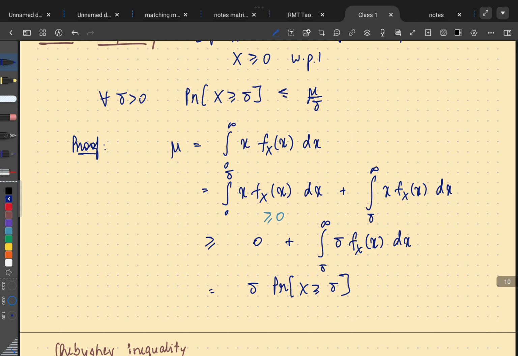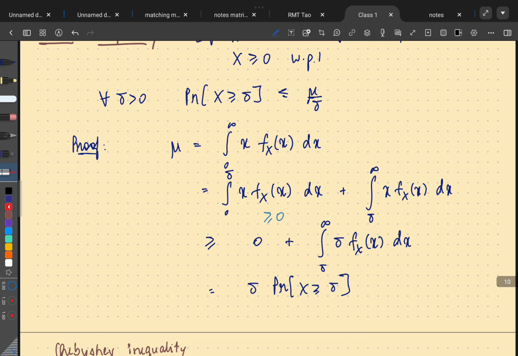If I want Markov's inequality to hold with equality, then the first term should be equal to 0, and the second term should be exactly delta times the probability that X is greater than or equal to delta. That means for every x greater than delta, the value that X is taking is delta only.